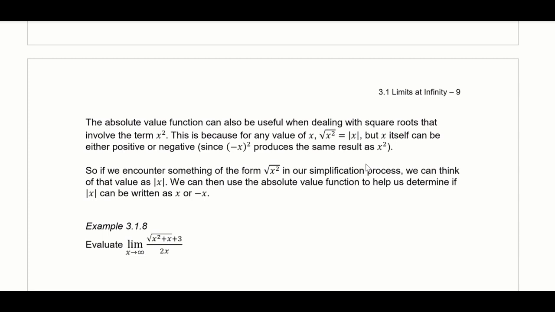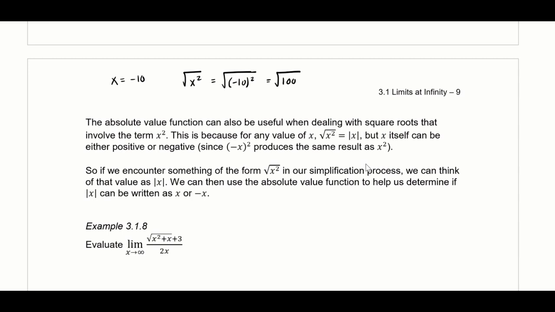When I have something squared, let's say x is, I don't know, -10. If I have the square root of x squared, that's going to be the square root of -10 squared. The squaring is going to act as the thing that gets rid of the negative, so that's going to be square root of 100.